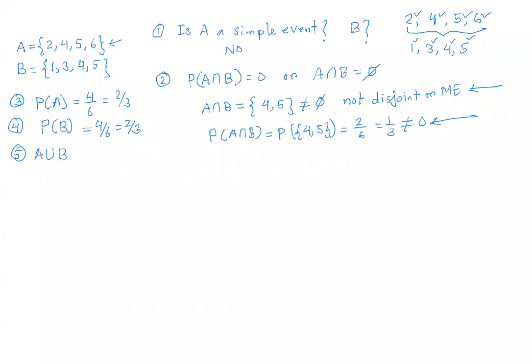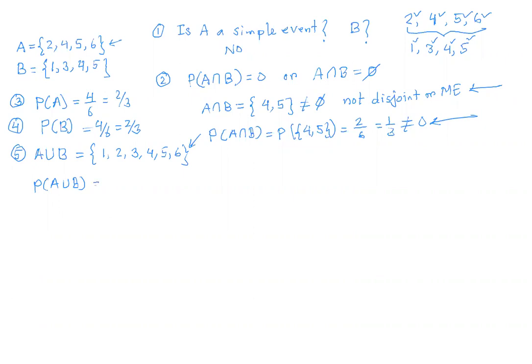Number 5, probability of A union B. First find out what A union B is. If you union them, you find 1, 2, 3, 4, 5, 6. So the probability of A union B is the probability of this entire set, which is basically the sample space for rolling a die.